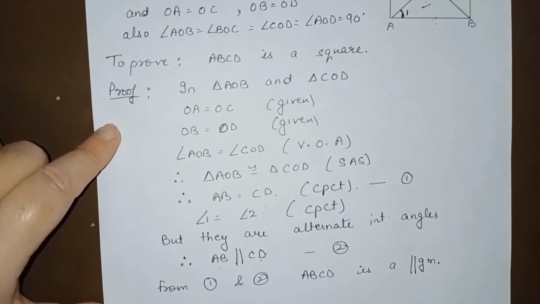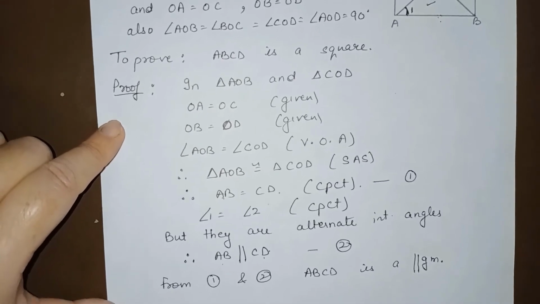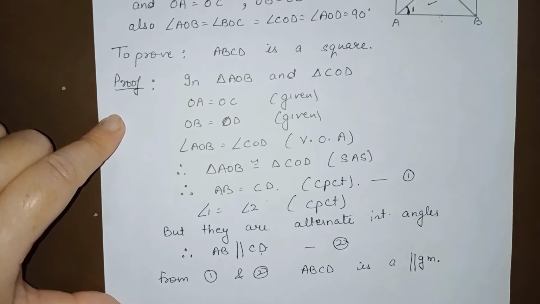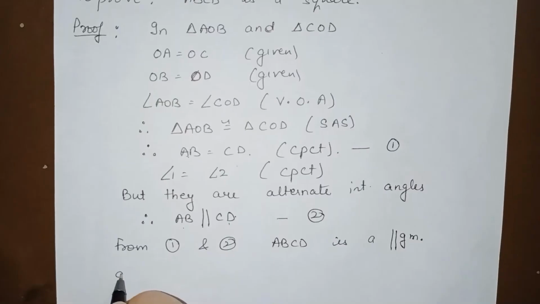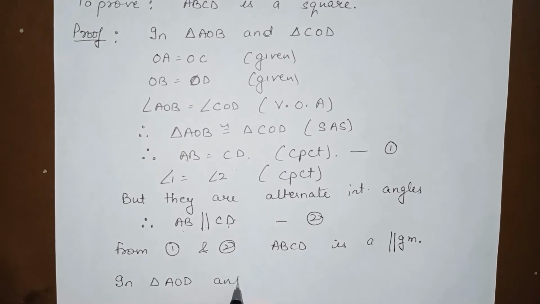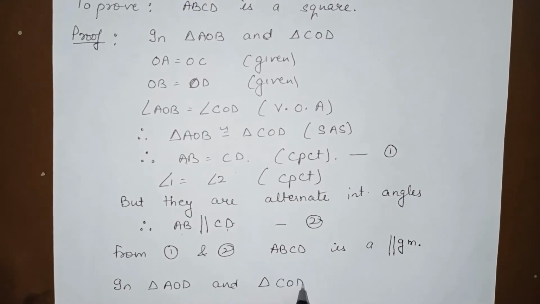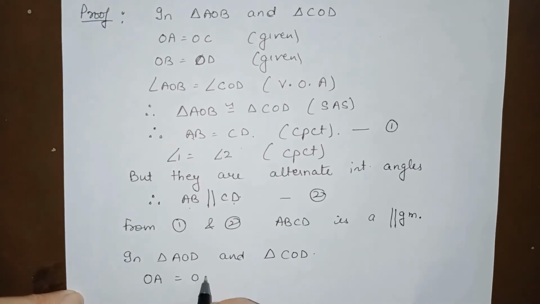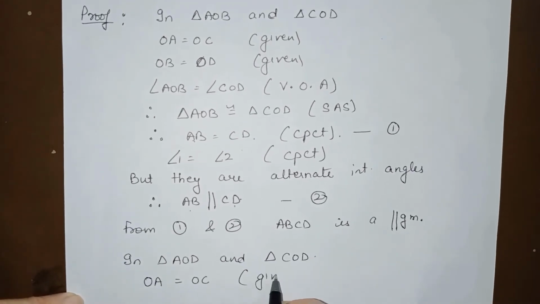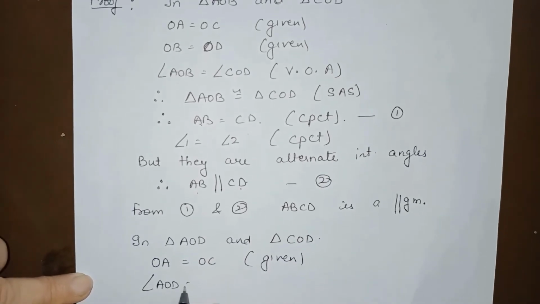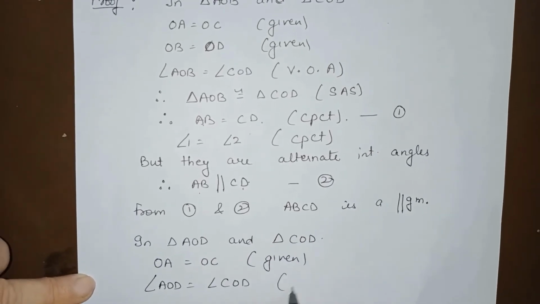A parallelogram is a square when all its sides are equal and each angle is 90 degree. Now we will take triangle AOD and triangle COD. We have OA is equal to OC. This is given to us. Angle AOD equals angle COD, each 90.